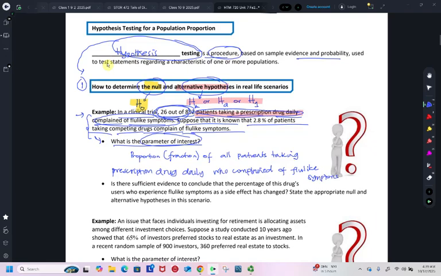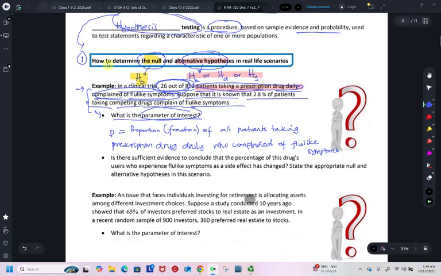And rather than write so many words anytime I want to make back reference or later reference to this proportion, I can simply denote it by P. This is the population proportion of all patients taking the prescription drug daily who complained of flu-like symptoms.